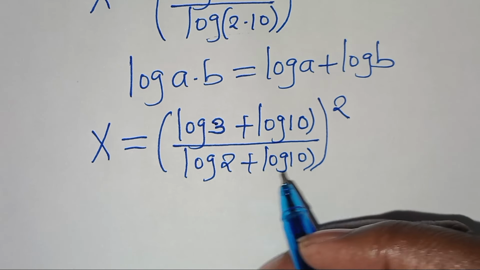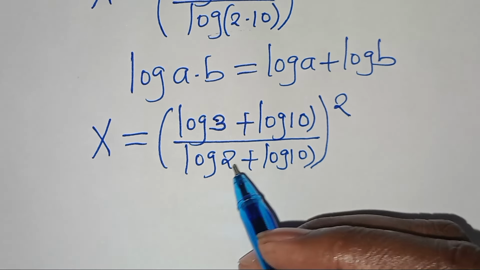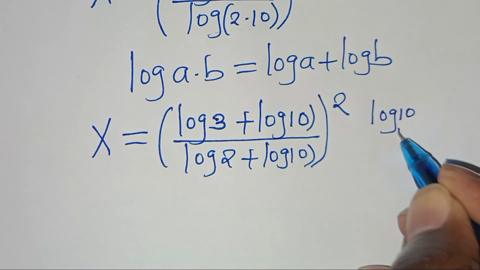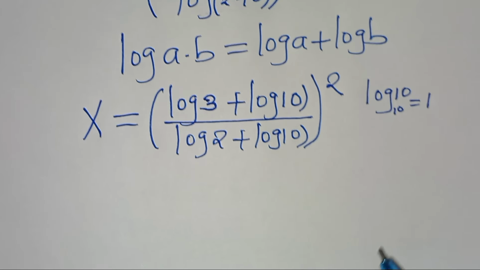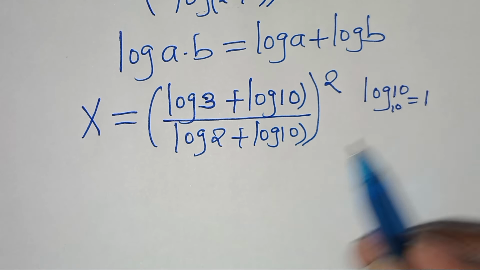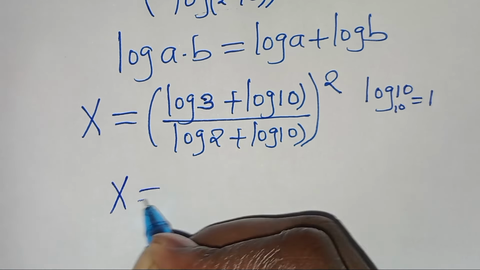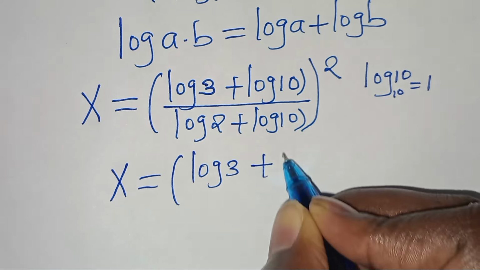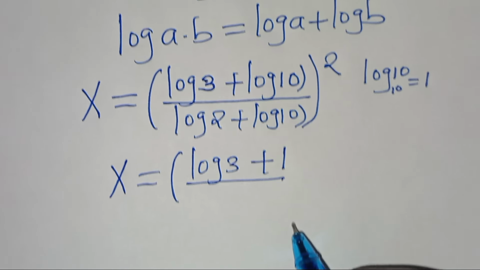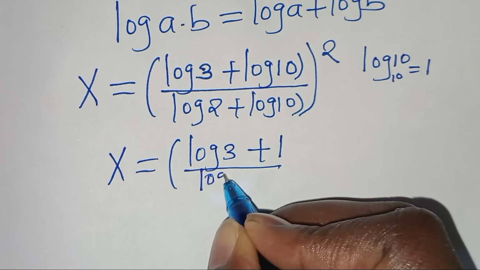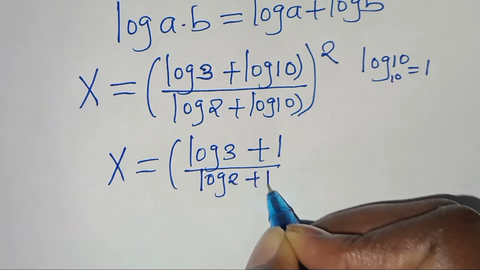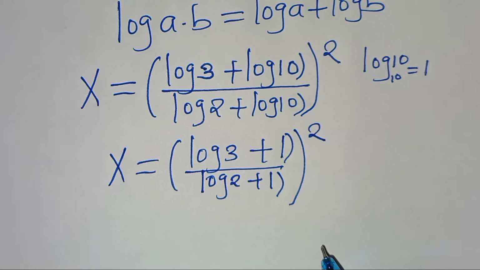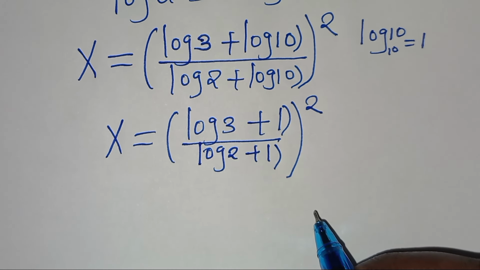The next step: remember log 10 to base 10 is the same thing as 1. So we can substitute 1, so that we have x equal to log 3 plus 1 divided by log 2 plus 1, everything raised to the power of 2.